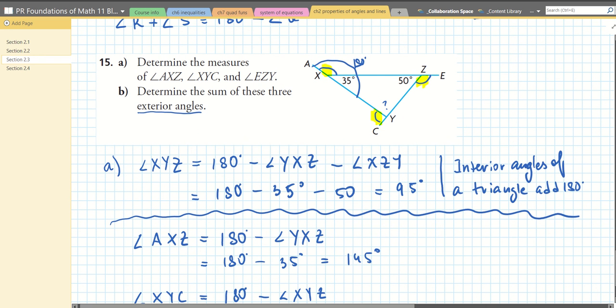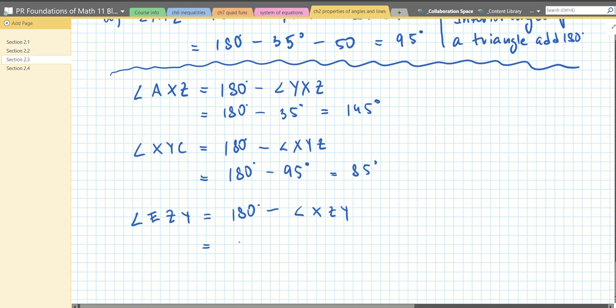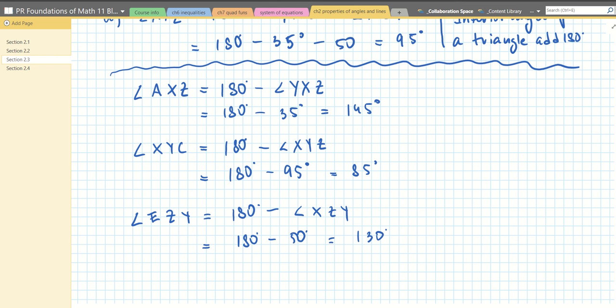XZY is 50 degrees. So this is 130. All right, so we found all of the exterior angles: 145, 85, 130.